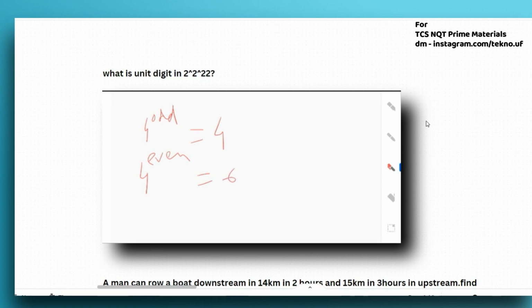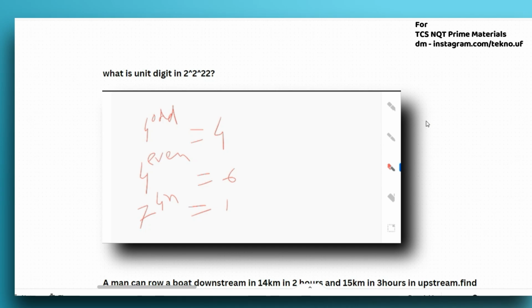And if the number can be represented as 7 to the power 4n, then the unit digit will be 1, right? So in this way, you can represent this number as 4 to the power odd or 4 to the power even or 7 to the power 4n, and you will get the unit digit very easily, right?